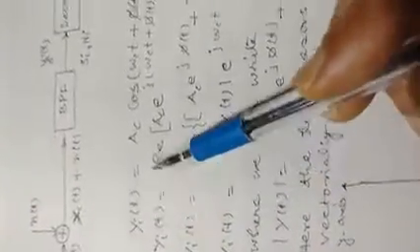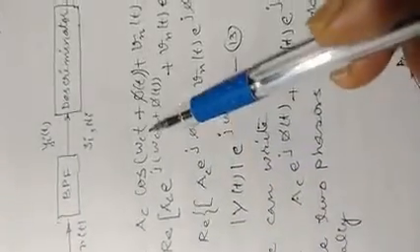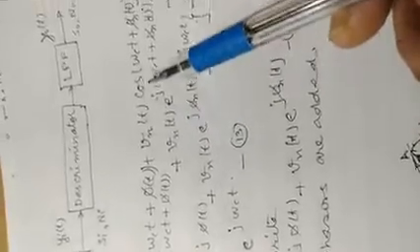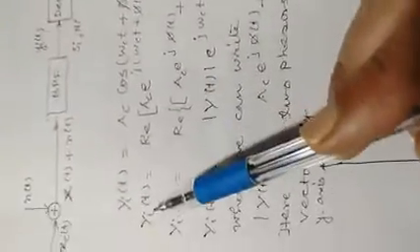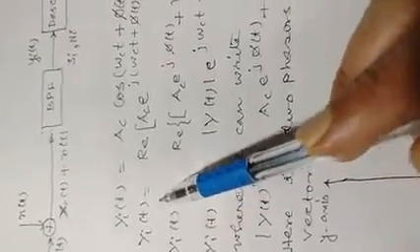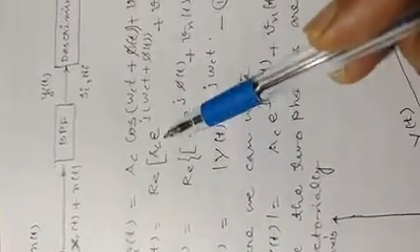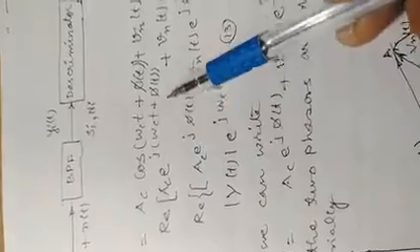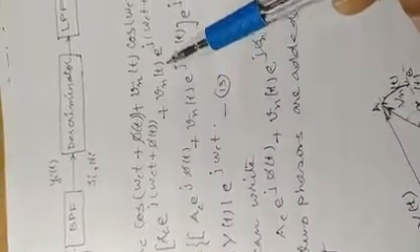So y_i of t we are getting is A_C cos(omega_c t plus phi of t) plus V_n of t cos(omega_c t plus phi_n of t), and this y_i of t is equal to the real part of A_C e to the power j(omega_c t plus phi of t) plus V_n of t e to the power j(omega_c t plus phi_n of t).